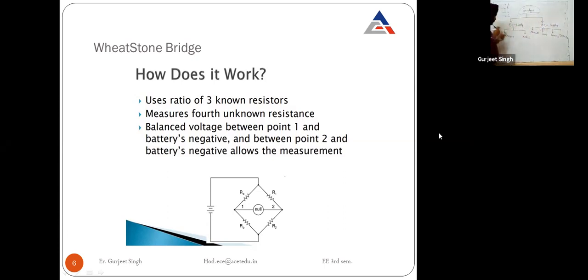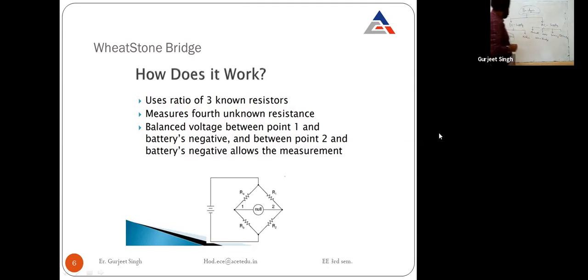We have the Wheatstone bridge, Kelvin bridge, Maxwell, Hay, Schering, De Sauty bridge, and the Wien bridge, which also comes under the AC category. First we will start with the Wheatstone bridge, then I will give you an overview of the Kelvin bridge, then Maxwell, Hay, Schering, De Sauty, and the Wien bridge.